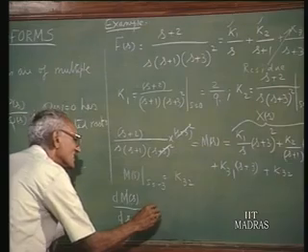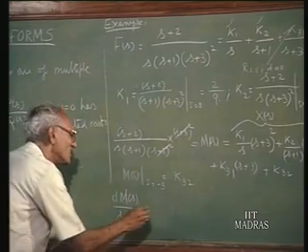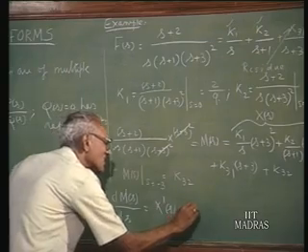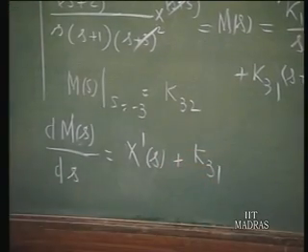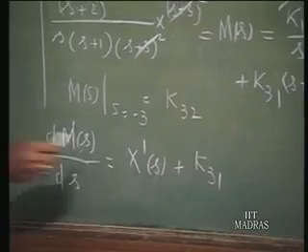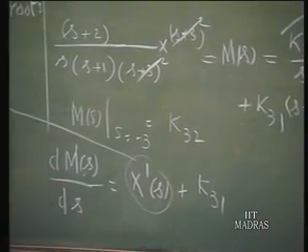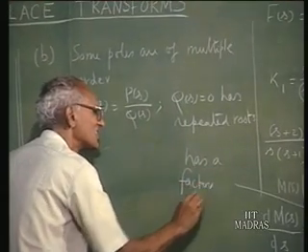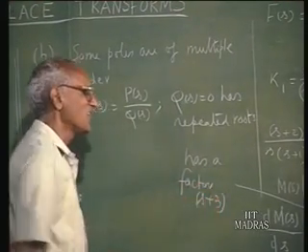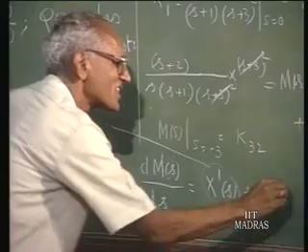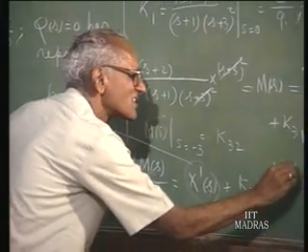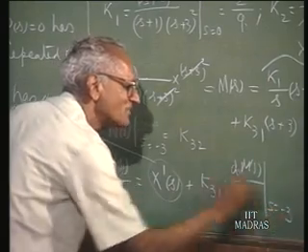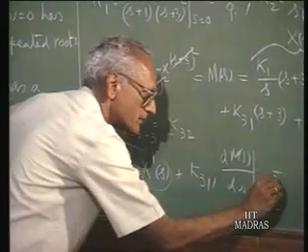I have x prime of s plus k31. And now x prime of s has a factor s plus 3. Therefore, when you substitute dm/ds at s equals minus 3, it will give me k31.